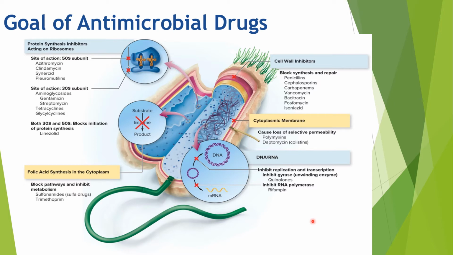You still have to use the correct medication, because there are structural differences between a fungus and a bacteria. If you think about it, fungi are eukaryotic microorganisms, so definitely there are a lot of differences between bacteria and fungi.